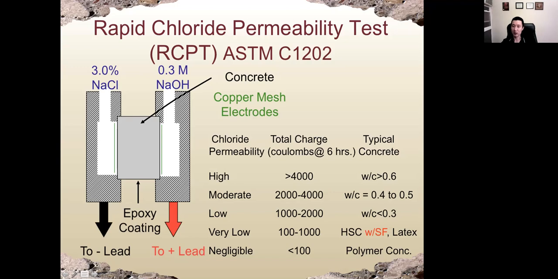This shows a typical concrete value based on water to cement ratio, and this shows the total charge passed after 6 hours. For some concrete, such as concrete impregnated with polymer or high-strength concrete with silica fume or latex, the permeability could be very low compared with concrete with high water cement ratio.